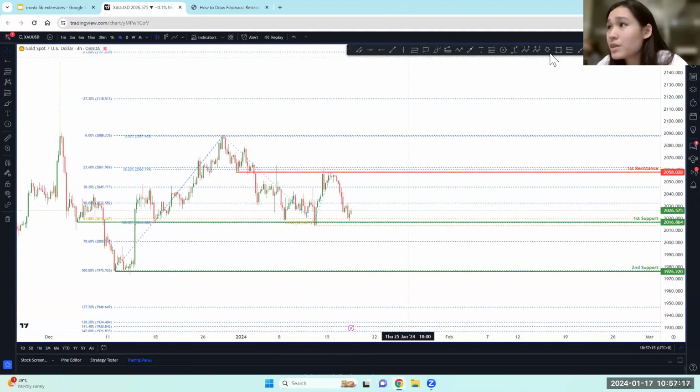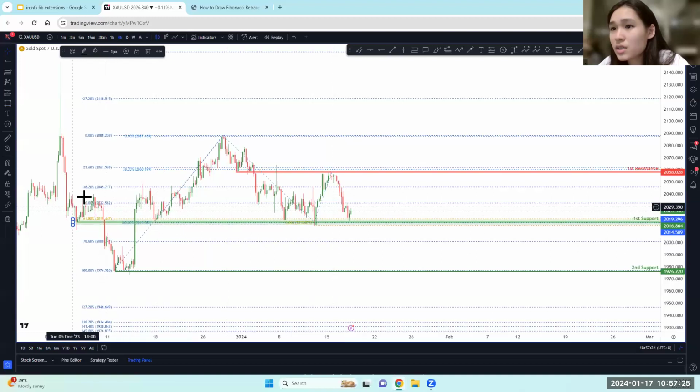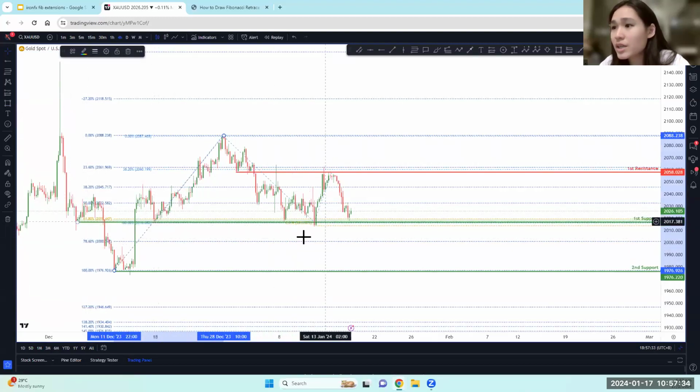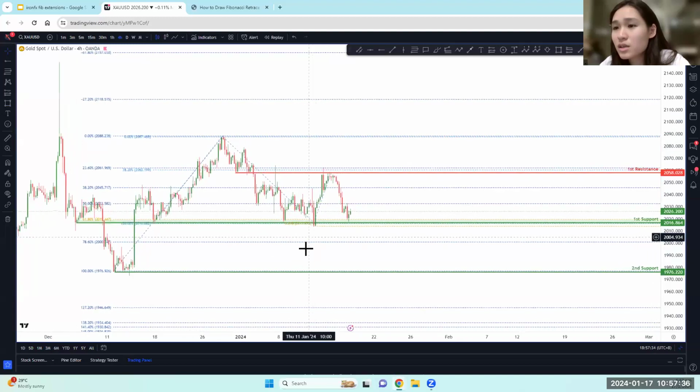So we have this confluence area here. This is also a pretty significant level of overlap, because we have a bunch of swing lows lining up as well.